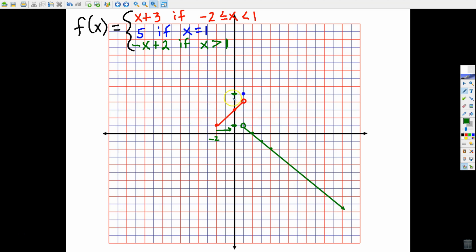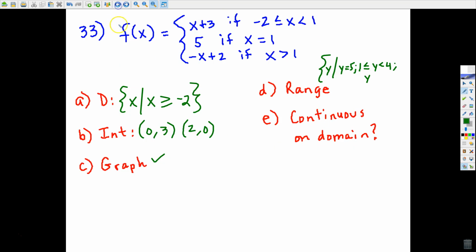So when we put those together, we're going to say y equals 5, and then y is less than 4. We're not going to say or equal to because it's an open circle. So we'll come back over here to our answer page: y such that y is equal to 5, but also less than 4. All right, and that is our range.